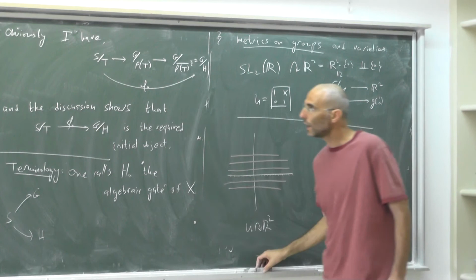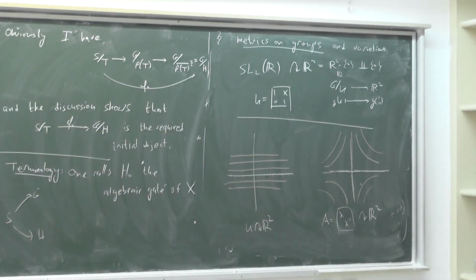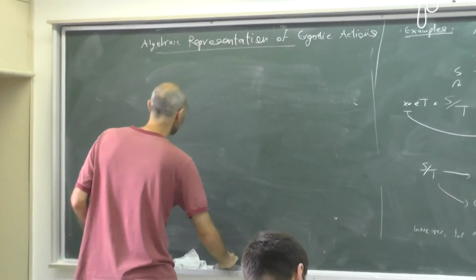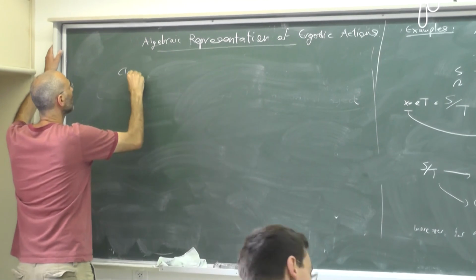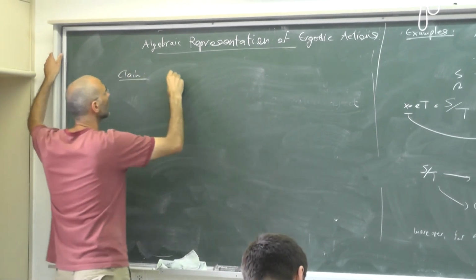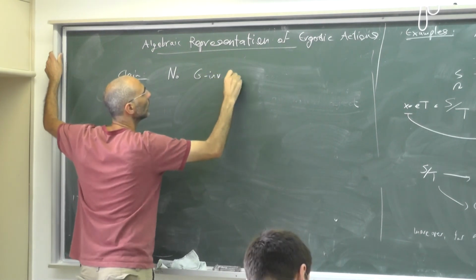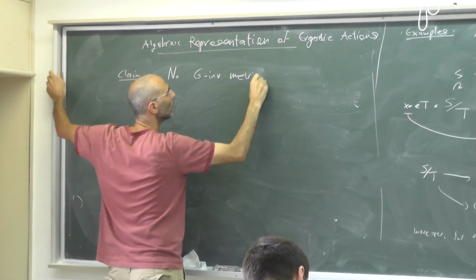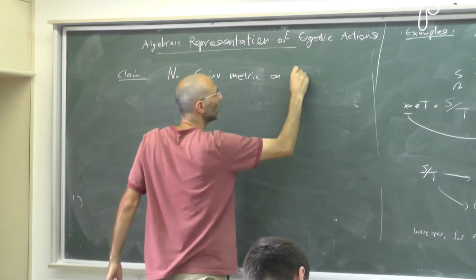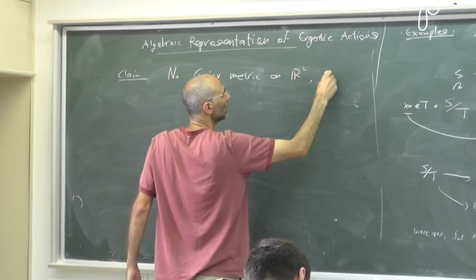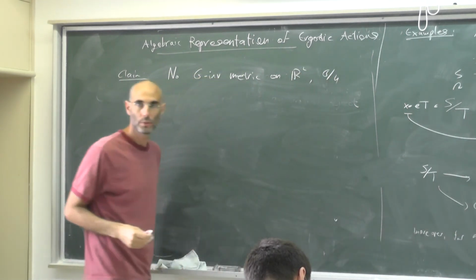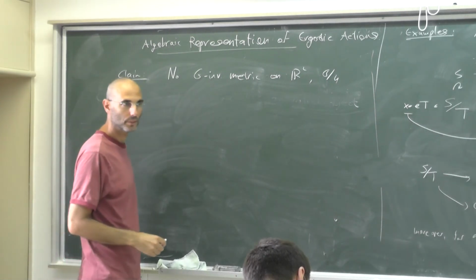And now, claim: there is no G-invariant metric on R2, or on G mod U. Let me explain this thing.